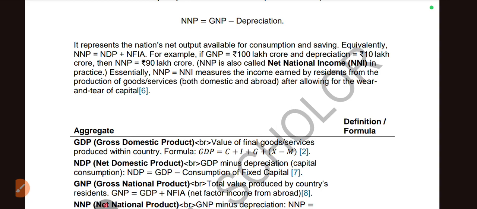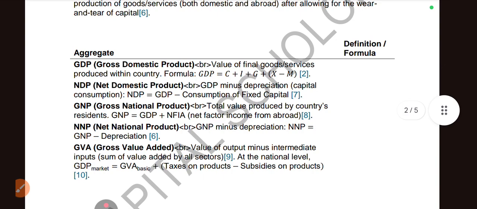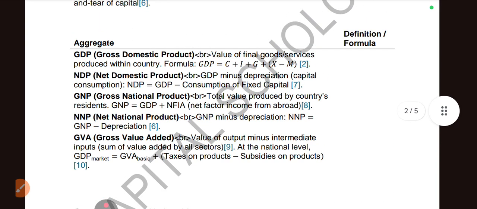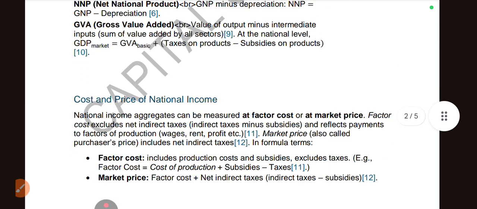For example, if GNP is 100 lakh crore and depreciation is 10 lakh crore, the NNP will be 90 lakh crore. Here, 90 NNP divided by the total number of population gives per capita income. NNP divided by the total population is known as real per capita income. These are the examples.